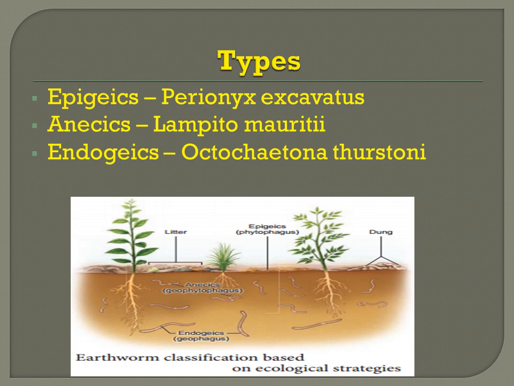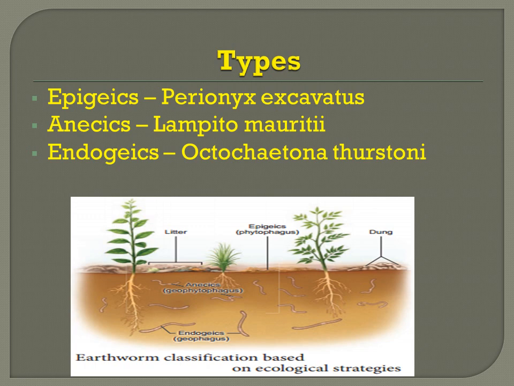That's why it is said to be the outer layer of the soil. The third one is endogeics, and Octochaetona thurstoni is an example. It means it lives under the earth, inside the earth.